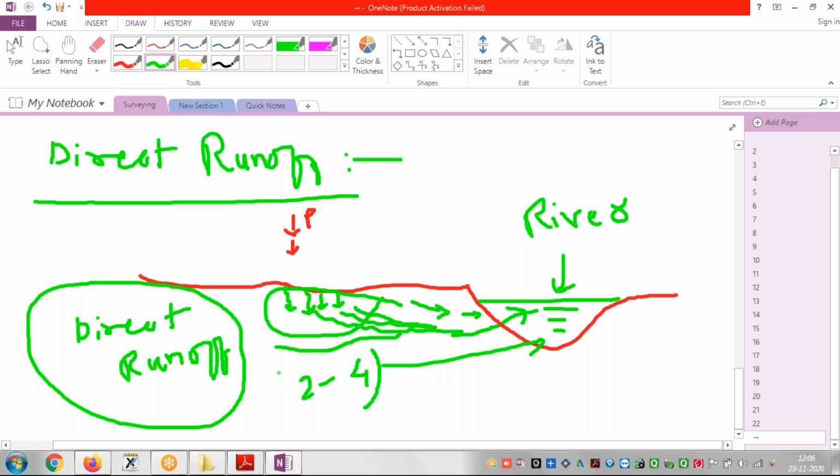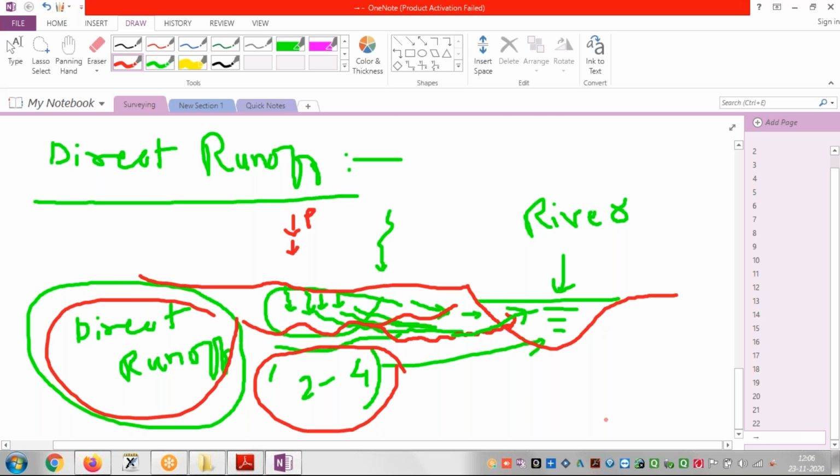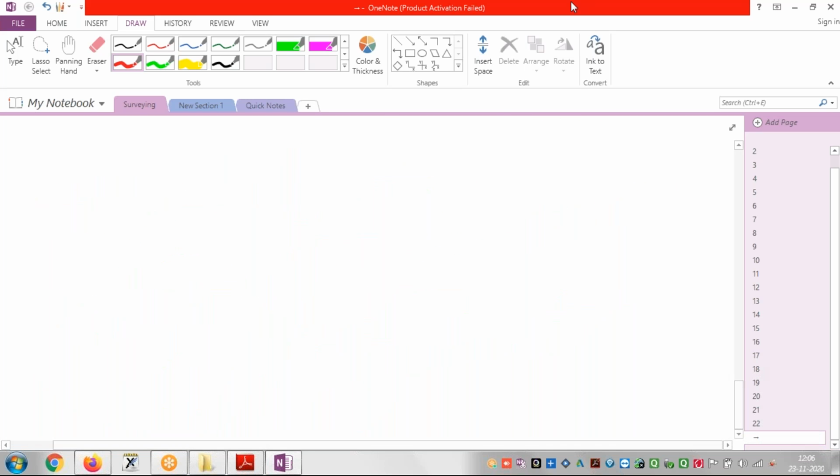Whatever rainfall happened, this water will come inside the soil, travel, and meet the river within 2 to 4 days. Then this is called direct runoff.